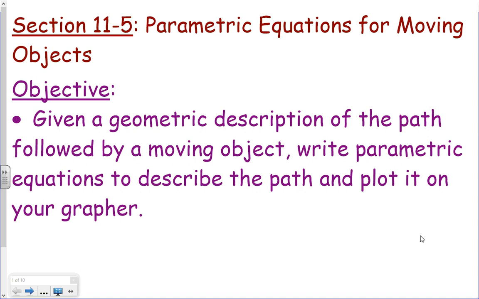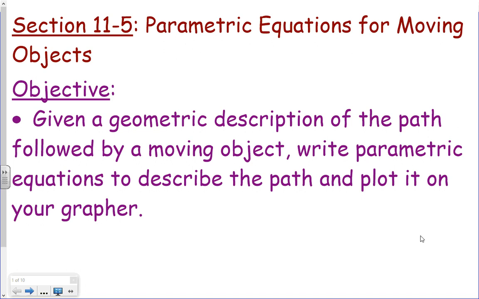So we're going to go back to working with parametric equations in this section and deviate a little bit from what we've seen so far in this chapter, which has been on polar equations. But we'll see that we can use the ideas we've learned about polar to help us come up with some of these equations. If you recall parametric equations, you have both an x and a y equation.